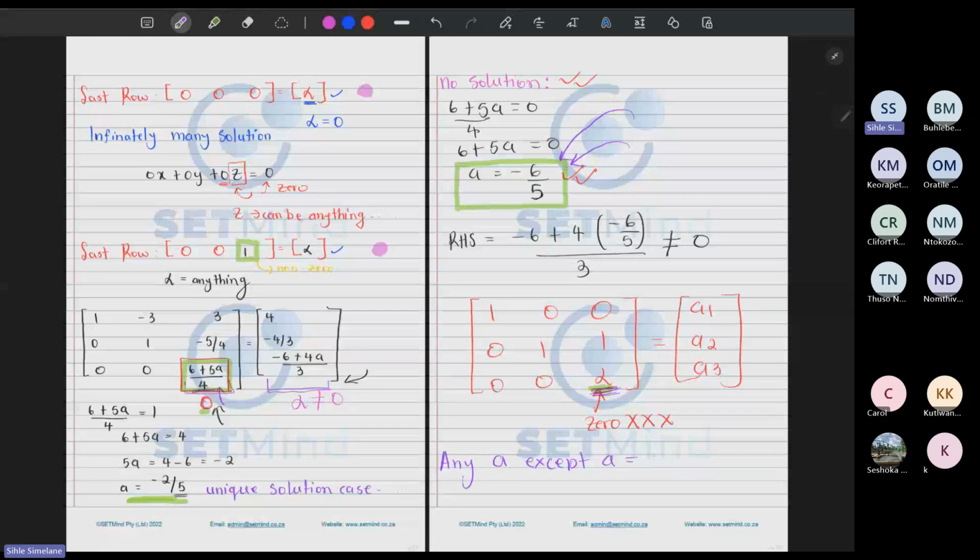And the reason is because -6/5 is the no solution case. Do we all understand? We understand what we are doing.